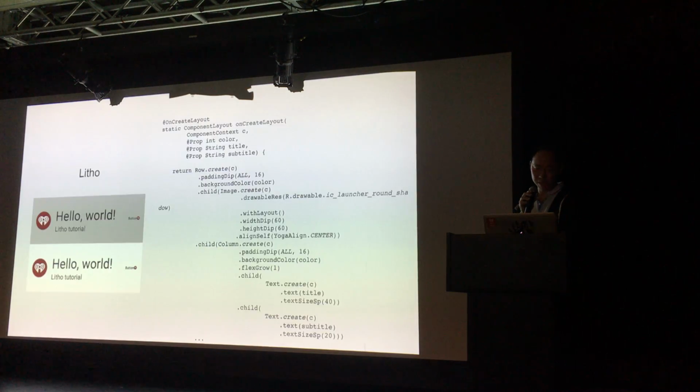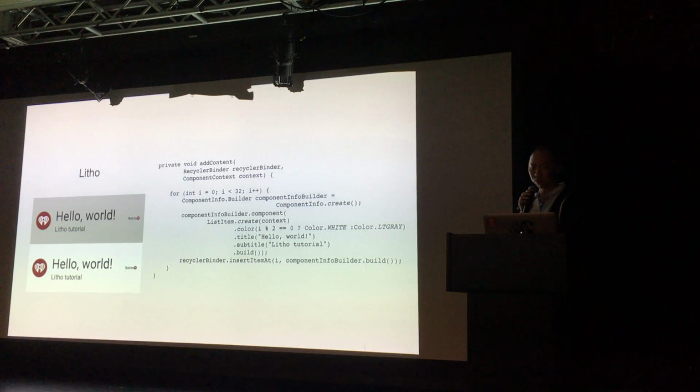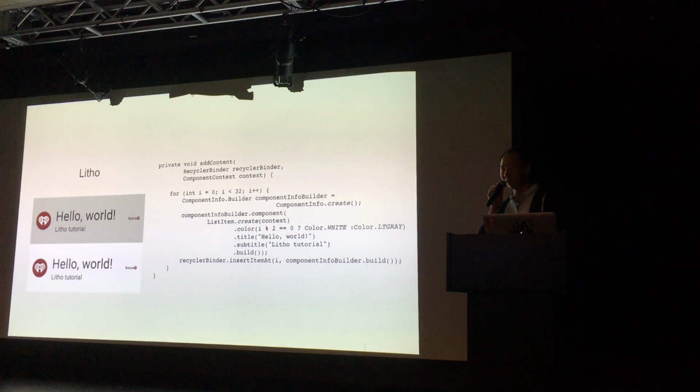But with the Litho programming model, when you have a different view type, you can simply say, hey, I'm data type A, and I need view type A, and you can just start inserting them without worrying about the adapter. I hope this answers your question.